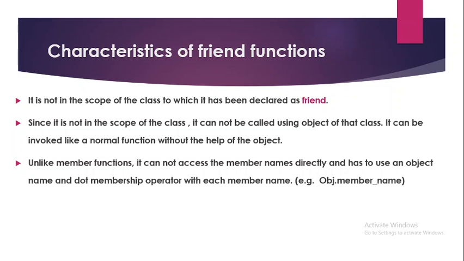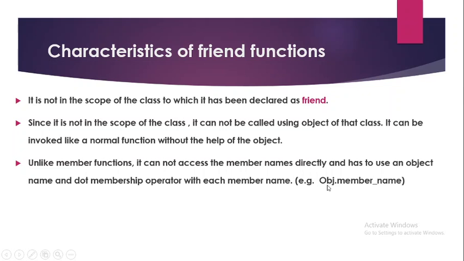But still, as they are friends, these friend functions can access private data or members of the class. So whatever member the friend function wants to access of that class, it is accessible only by the name of the object and the dot operator.